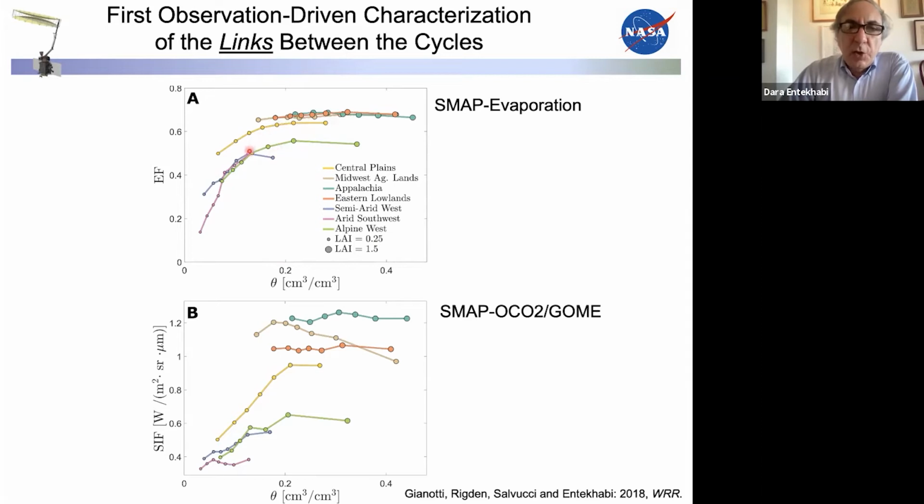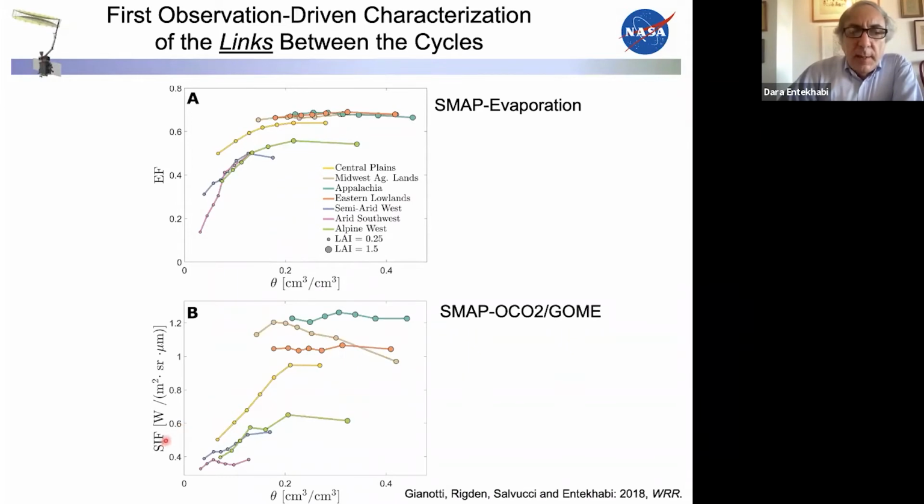But at a certain threshold, the strong water limitation to the latent heat flux occurs. The slope of this is the degree to which the water and energy cycles are linked. It's the strength of that linkage.